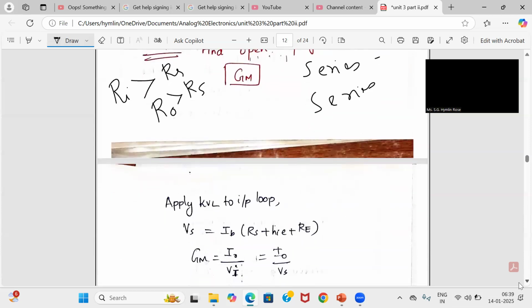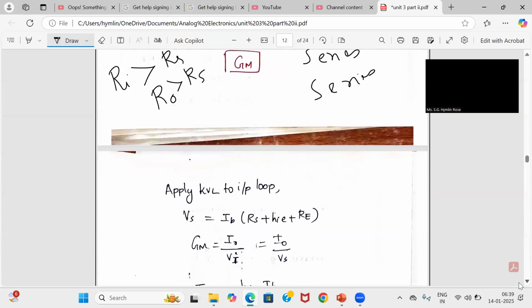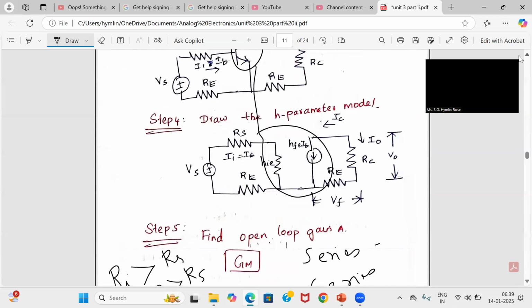To find the transconductance gain, first apply KVL to the input side. We have drawn the H parameter model. In that circuit, apply KVL to the input side. Since we are giving input to the base, the input current is the same as the base current.